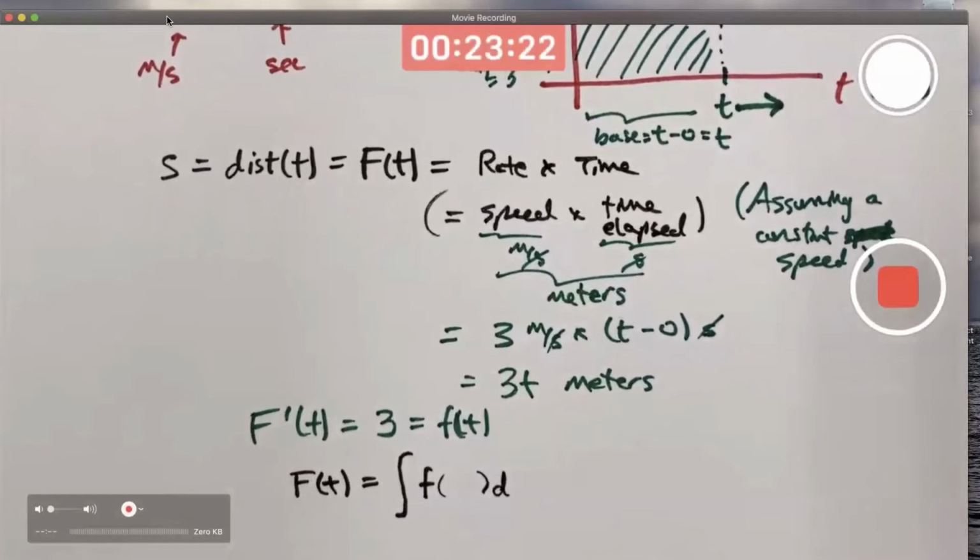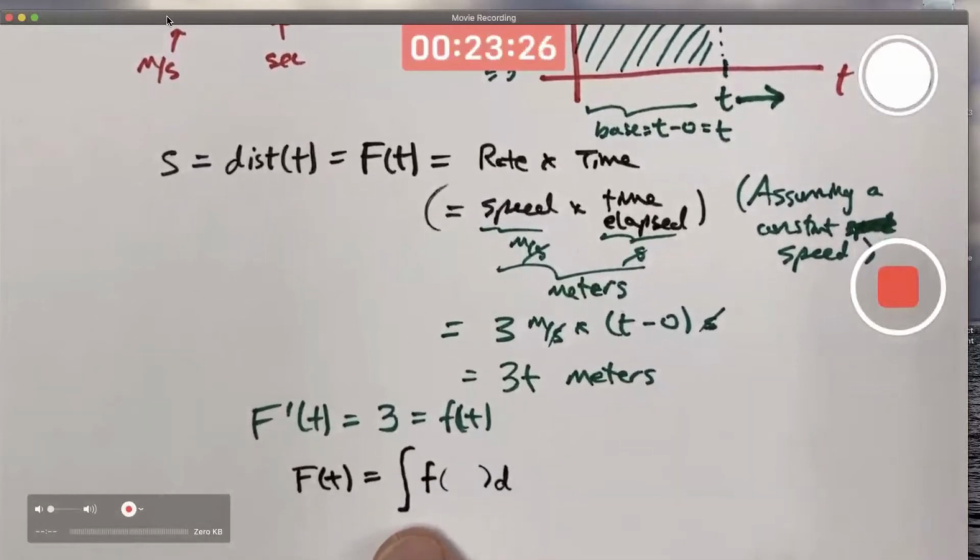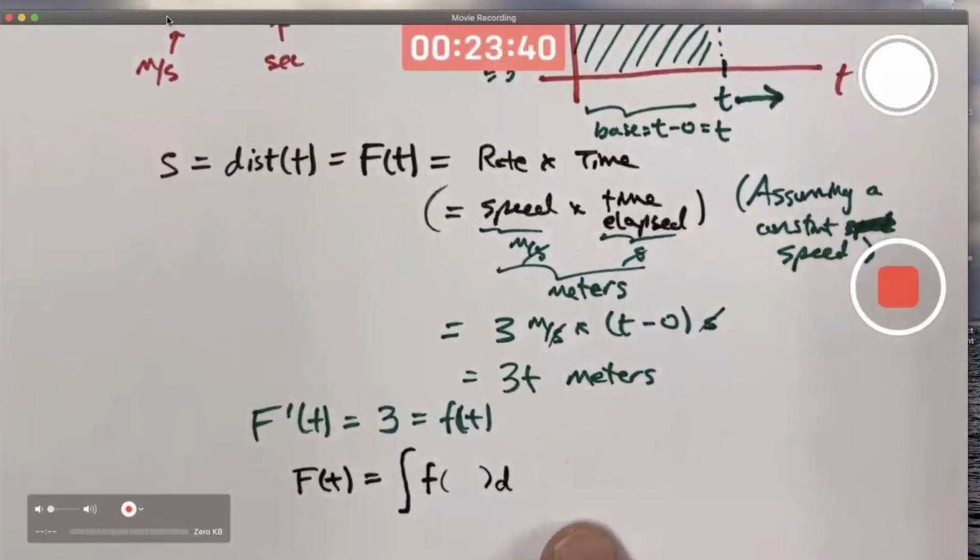If I did what's most natural and wrote an indefinite integral without limits of integration of f of t dt, that is okay to an extent, though indefinite integrals, when you evaluate them, always have the plus c, though we know c is 0 for this example. But there'd be ambiguity there.